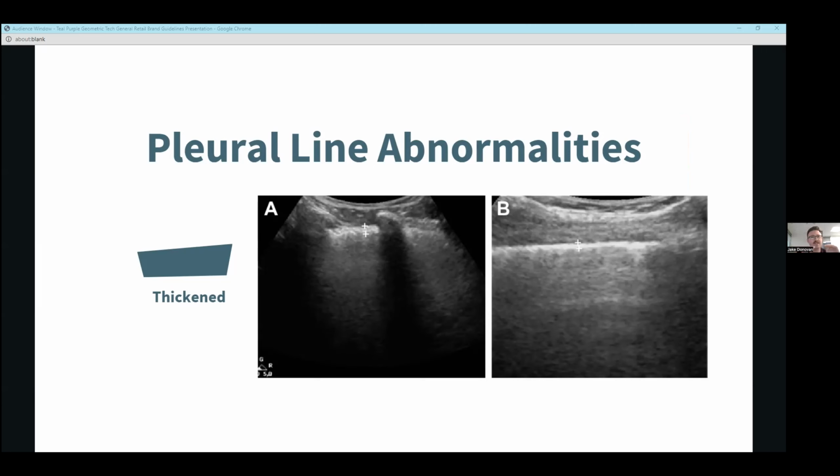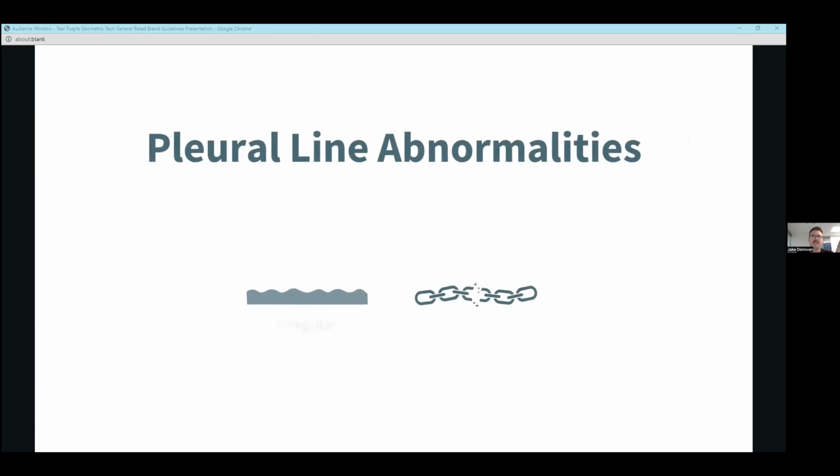It's really probably something that you wouldn't look at very specifically in a lot of cases. But anyway, let's move on to the thickened and broken pleural line abnormalities. What I found really interesting, and we'll talk about this in a minute, is that there's this spectrum of consolidation.